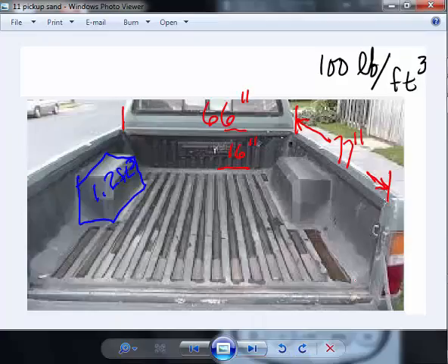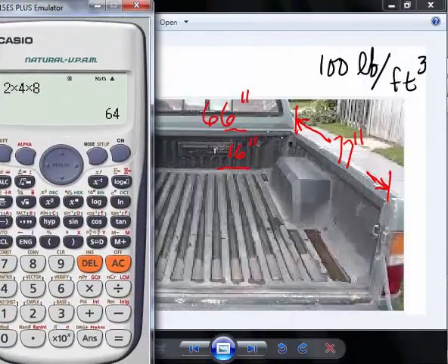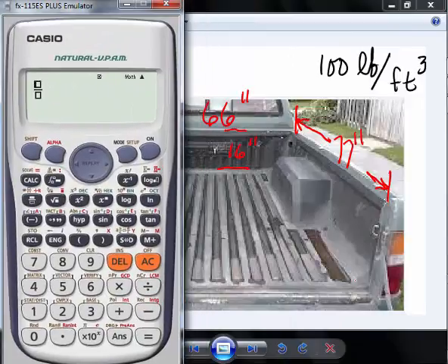How big is this truck bed? Well, to find the volume of the truck bed in cubic feet, we're going to take 66 over 12 by 77 over 12 by 16 over 12.